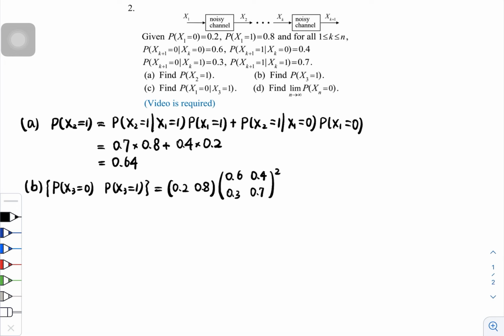The probability should times twice because this is x3 and two noisy channels are passed. We get this part, and the final answer is this. So this is what we want, the probability of x3 equals 1.